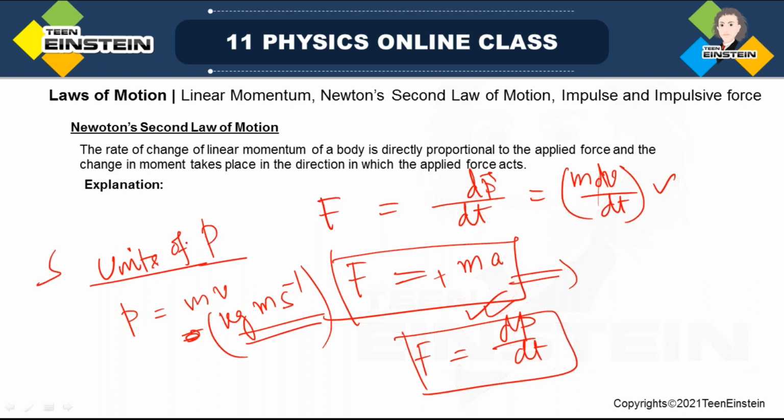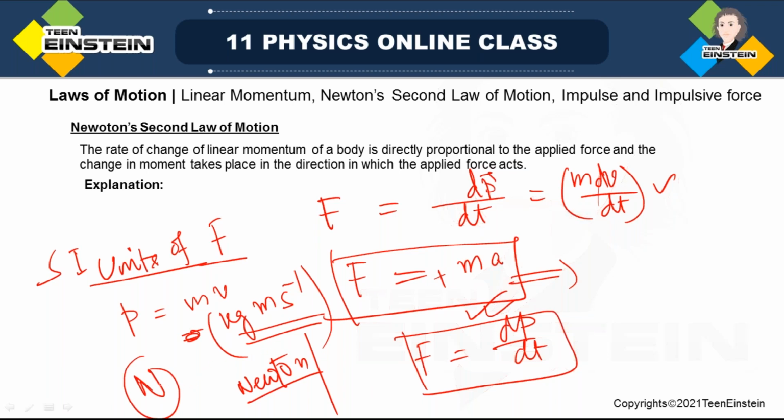Now, the SI unit of force is the Newton, denoted by capital N. You might know this from your previous classes as well.